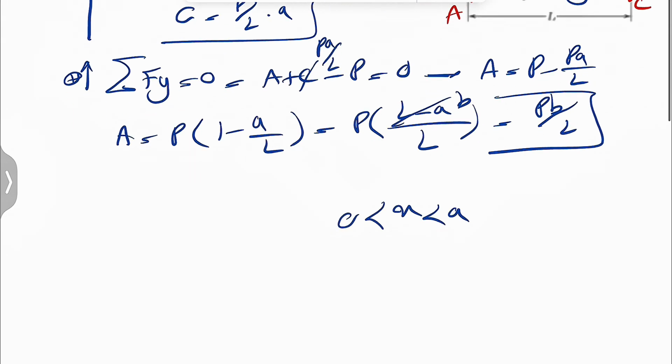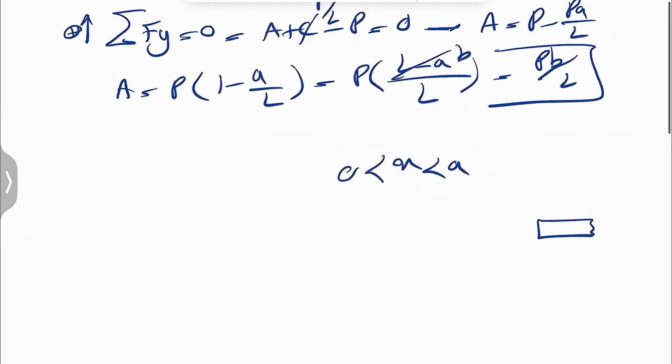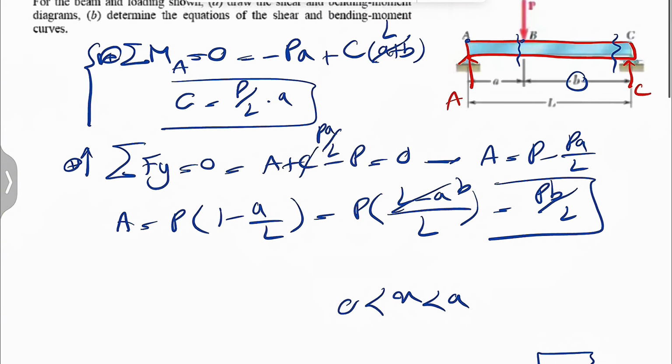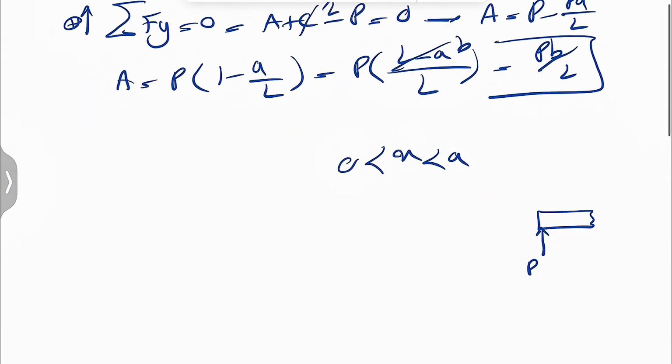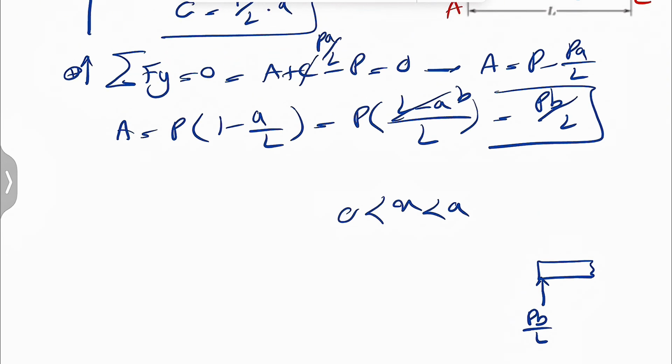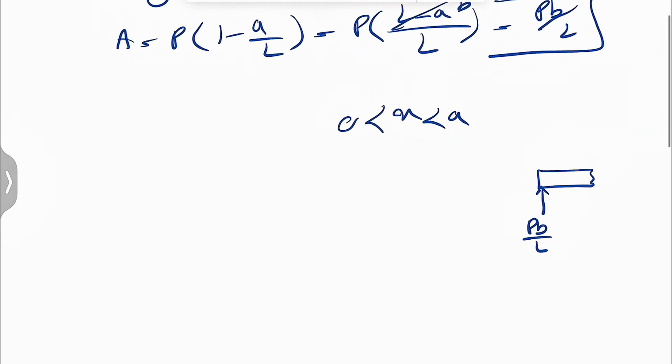If we do that, the section that we have is basically this. We have the reaction at A, which we figured is Pb over L, and we have the internal forces in here, our shearing force V, and this will be our bending moment M. Our sign convention for positive is V downward and M counterclockwise.